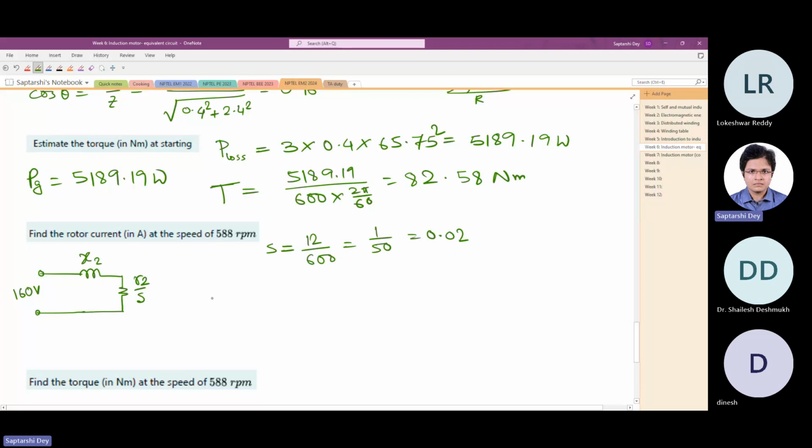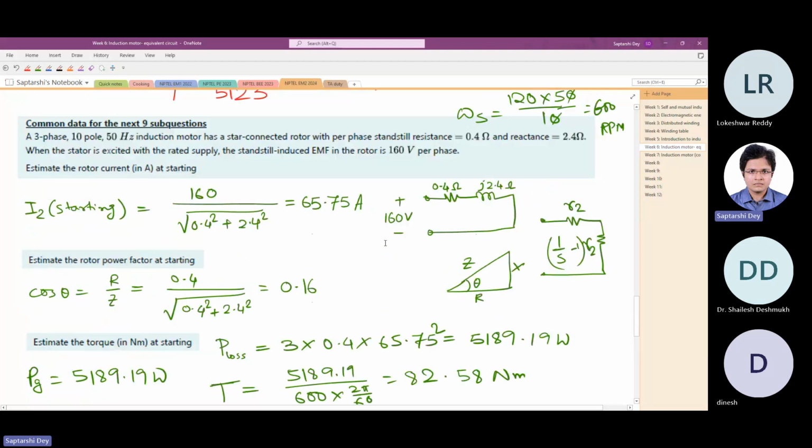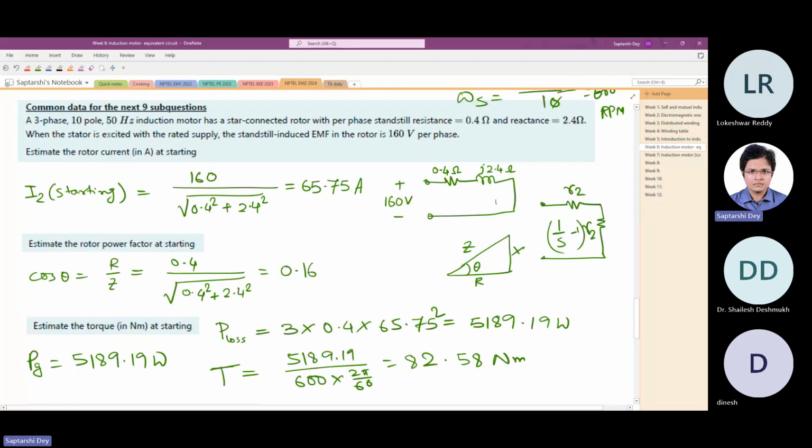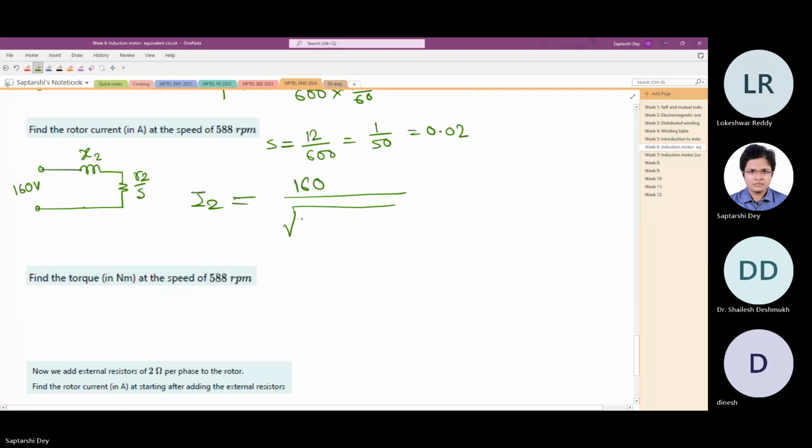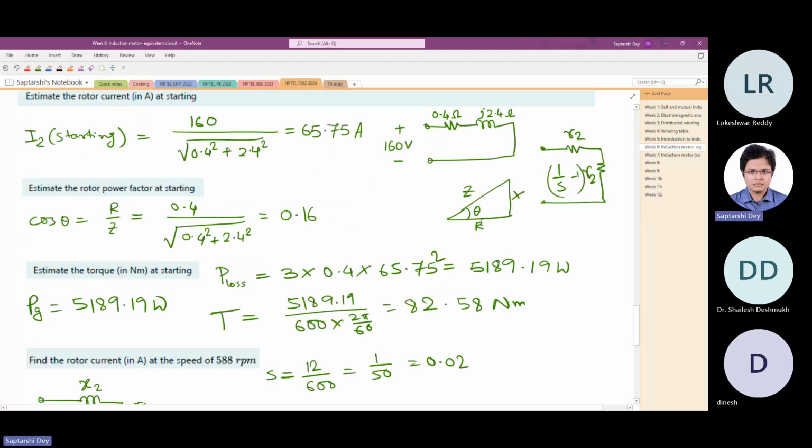Now rotor current at this speed will be, voltage remains same, X2, where is X2, 2.4, squared plus R is how much? 0.4.